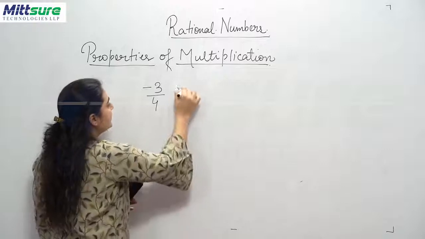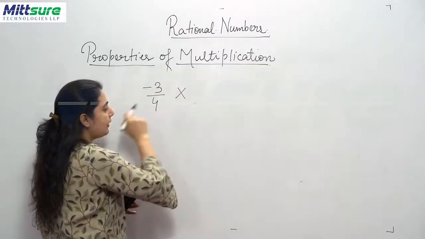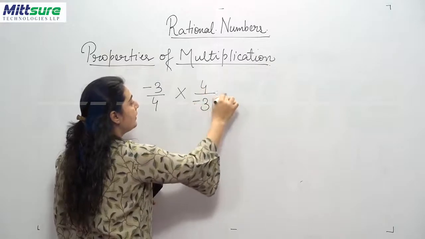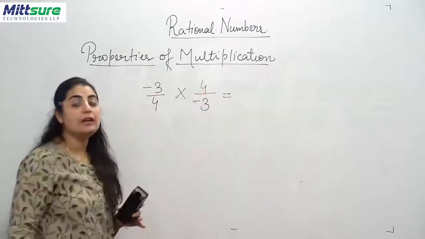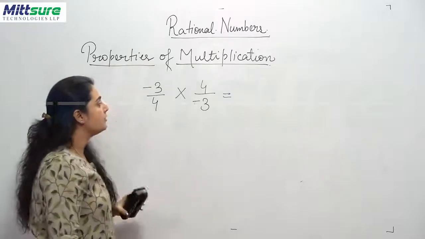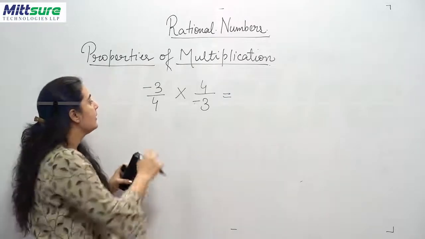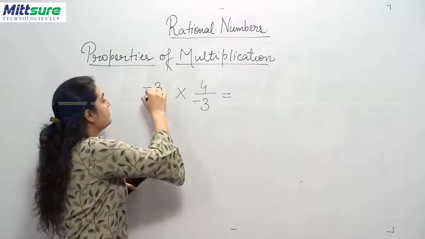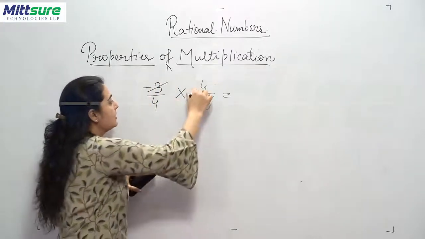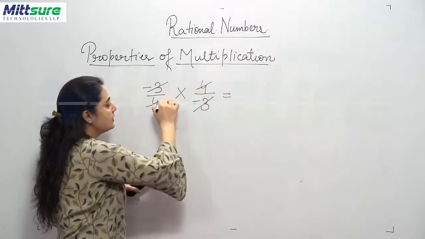How? If suppose I multiply minus 3 upon 4 and 4 upon minus 3, the product should always be 1. Now how is the product always 1? The product is always 1 in this case as this minus 3 gets cancelled with this minus 3 and this 4 gets cancelled with this 4.